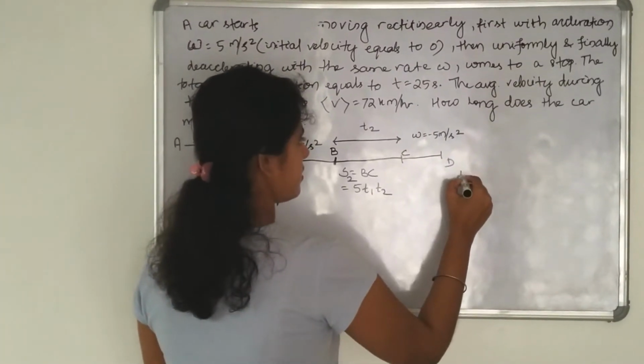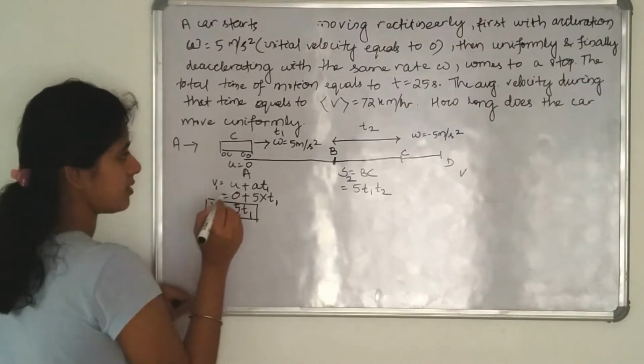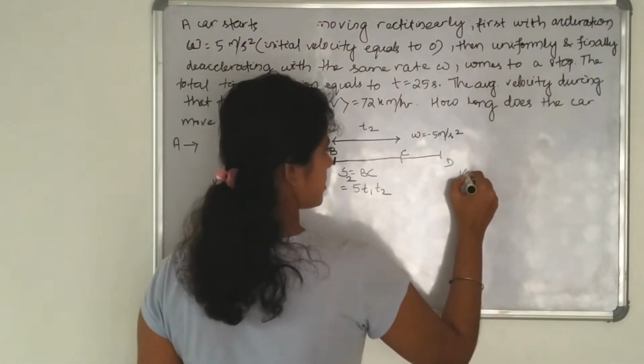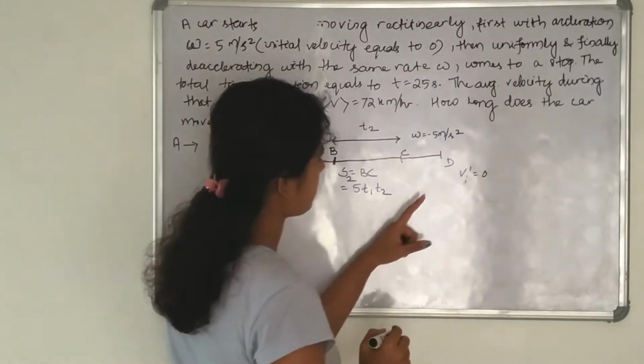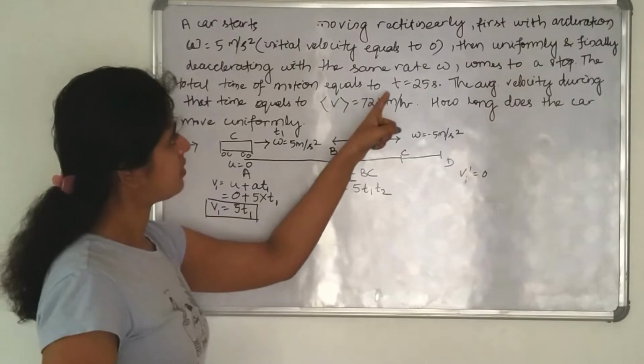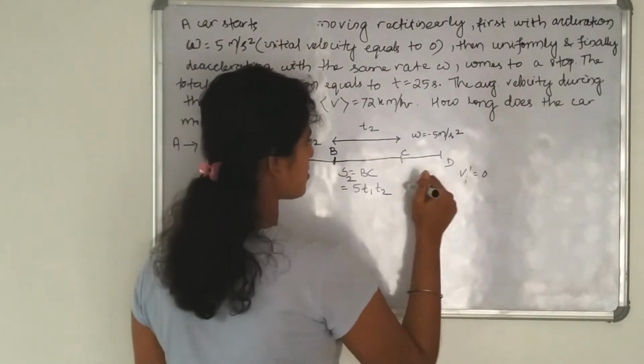Here I am taking this as V1 and this, let us take V dash, is 0. So it comes to rest, comes to a stop. So V dash is equal to 0.